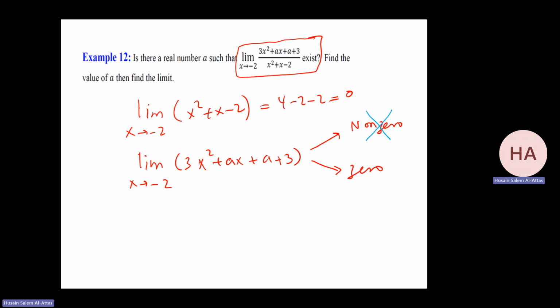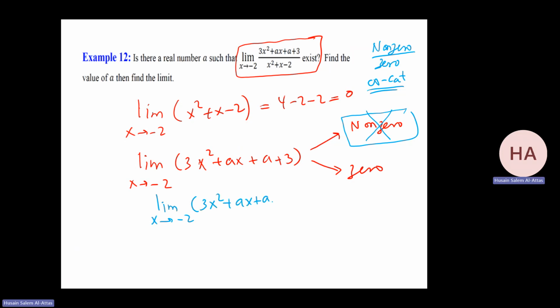Because if I have non-zero over zero, that is in the infinity category, and for sure this limit would not exist. Either it goes to infinity or minus infinity or does not exist. So this is impossible. That means the limit of the numerator, that's the only possibility, should equal zero. And just substitute to find A. What you will get, I'm taking the limit as x goes to minus 2, which is the same as this one.